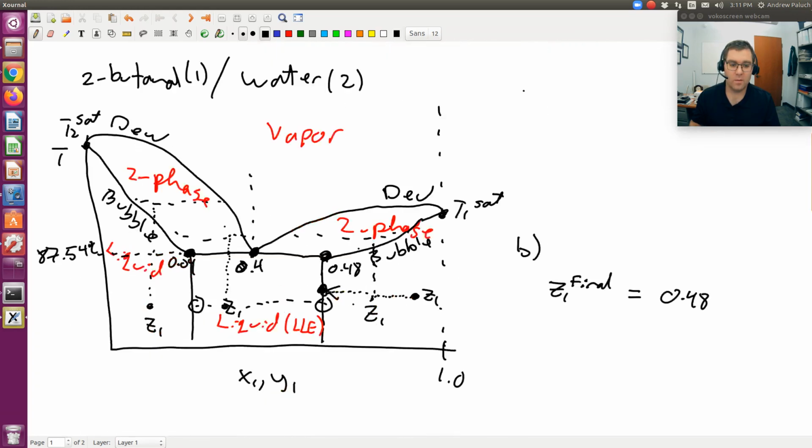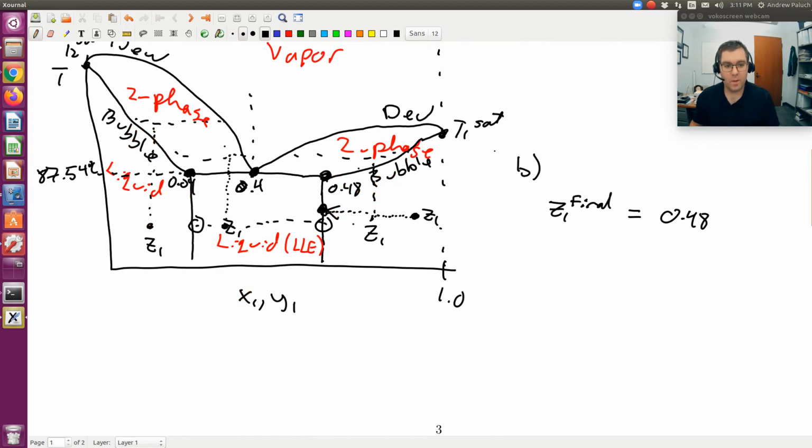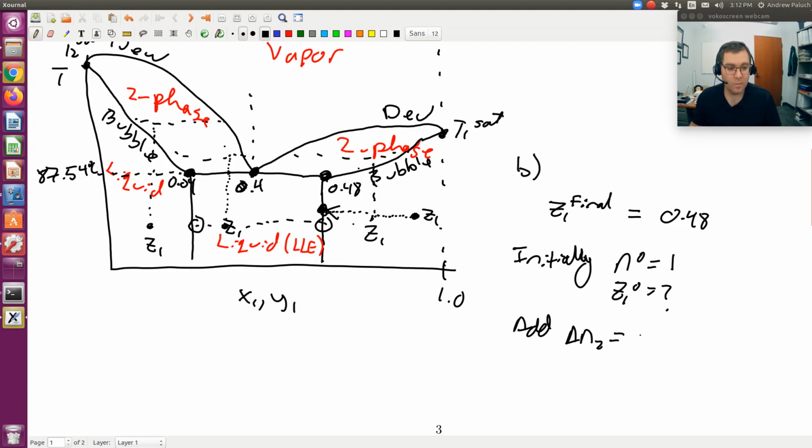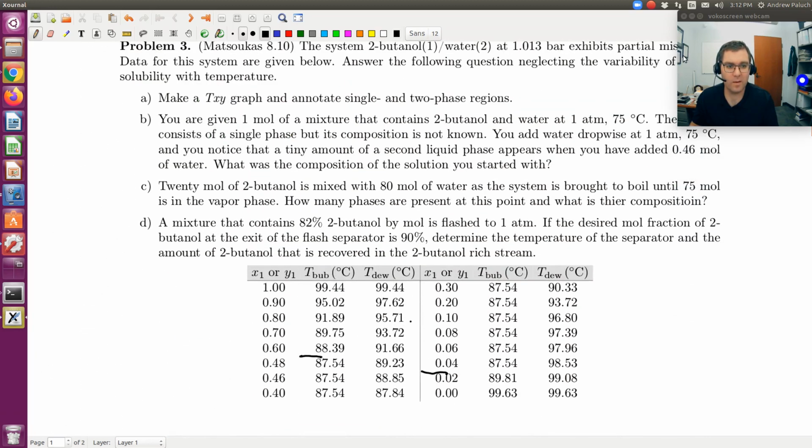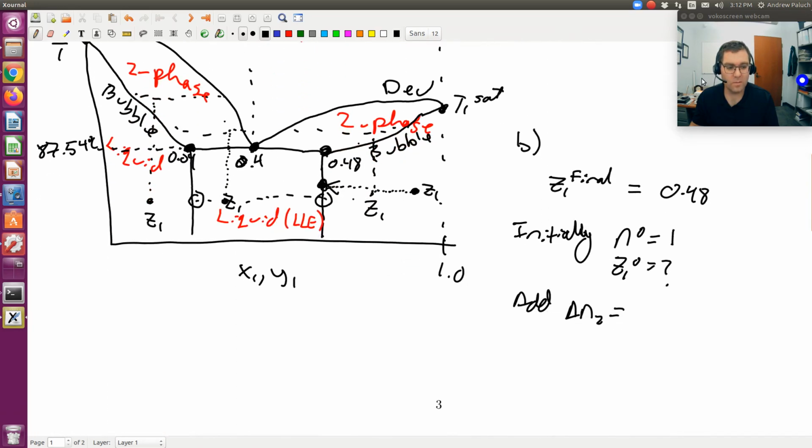So initially, we'll say the initial total number of moles that we have, N naught, is 1, where Z1 naught is a question mark. That's what we're trying to solve for. And then we add, call it delta N2, or even just delta N, equal to 0.46 is what we add.